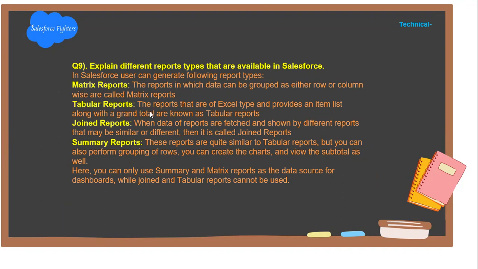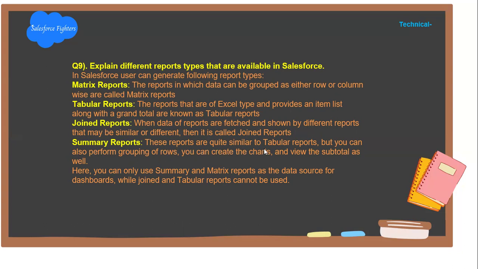Next, tabular reports. The reports that are Excel-like and provide an item list along with the grand total are known as tabular reports. Third, joined reports. When data of the reports are featured and shown by different reports that may be similar or different, it is called a joined report. Fourth, summary reports.